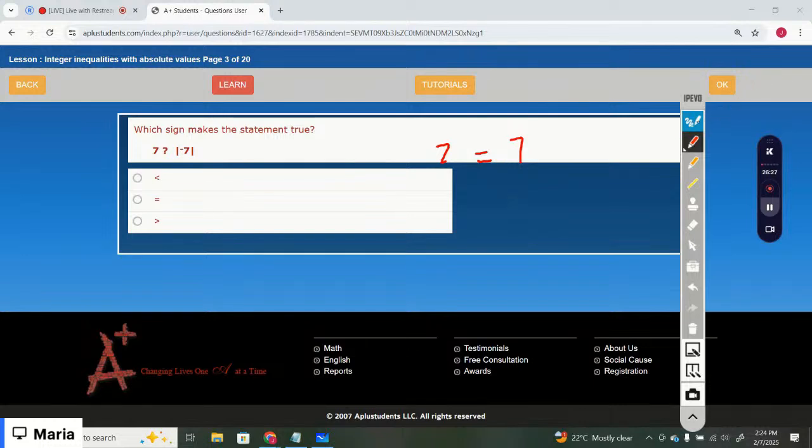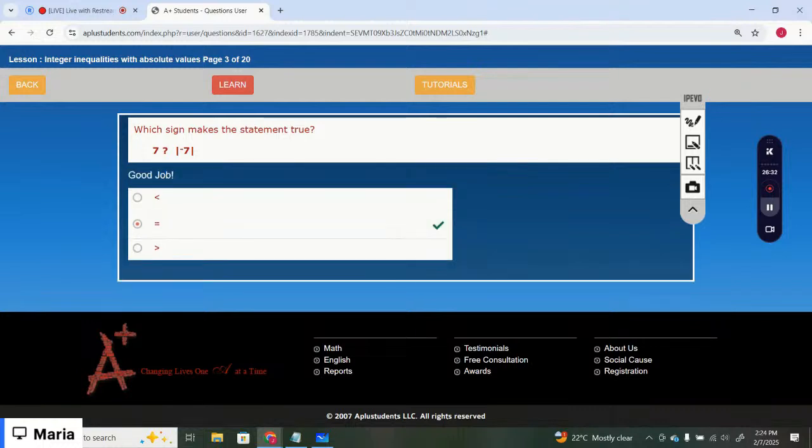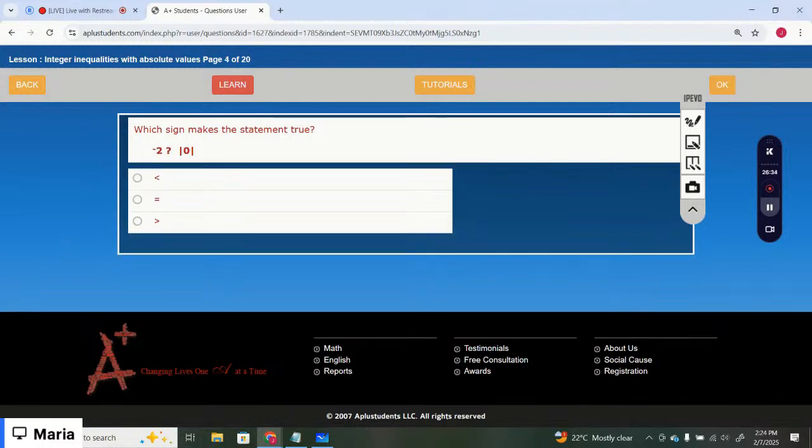Option number 2 is the correct option. Which sign makes the statement true?